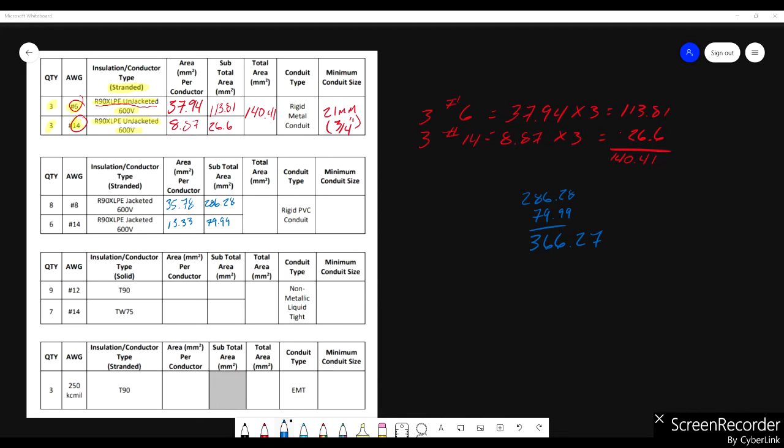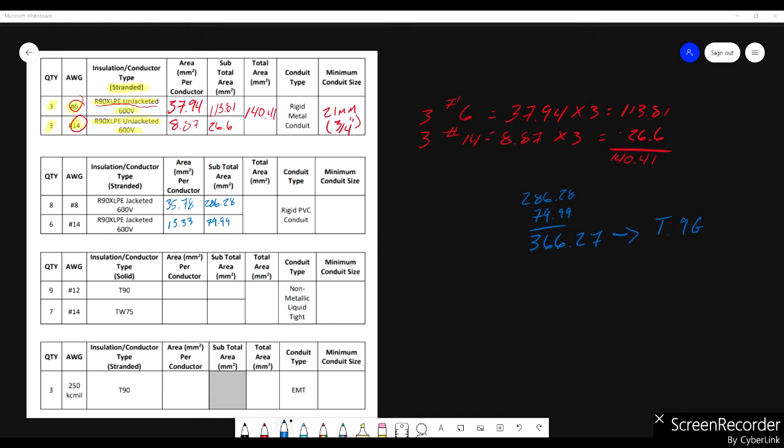All right, so with this 366.27, now we're going to go and look on our table 9 and 9G, because again we have more than 3 conductors, and according to table 8 we have to use 40% conduit fill. So I'm just going to go to that table 9G, 40%, and I'll slide this one over.